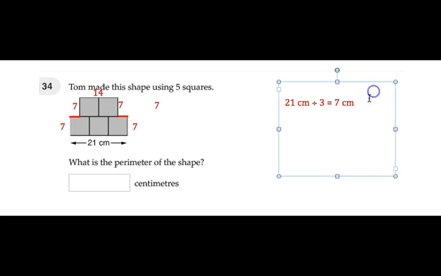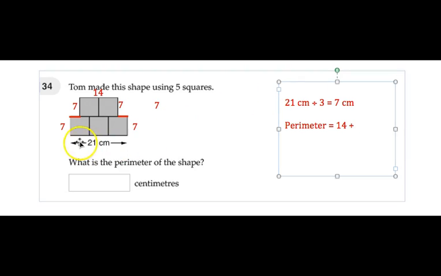So therefore the perimeter of the shape will be, we've got the 14 at the top plus the 21 down here, plus we've got how many 7s? We've got 1, 2, 3, 4, 5.